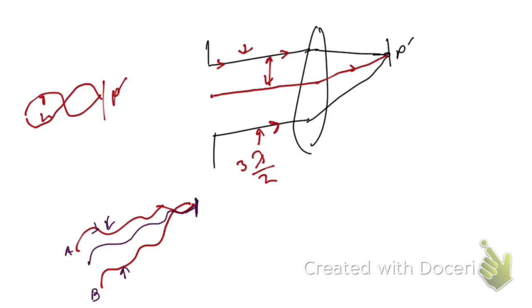And similarly, this wave going from B will be in phase with the light below this one, in phase with this, right? So hope you have understood this.